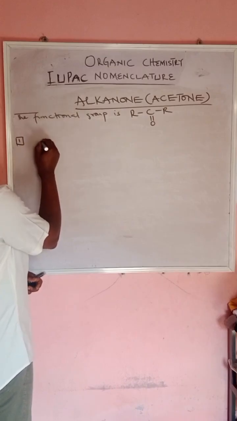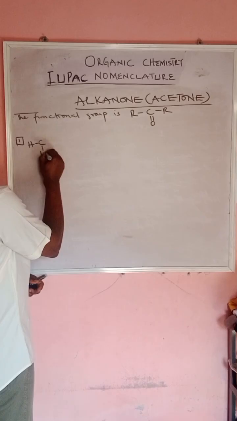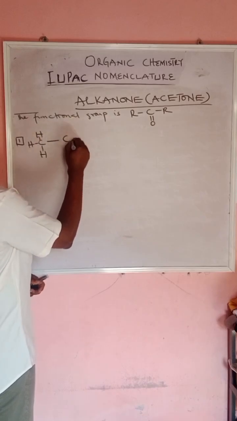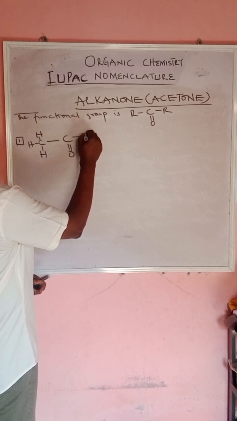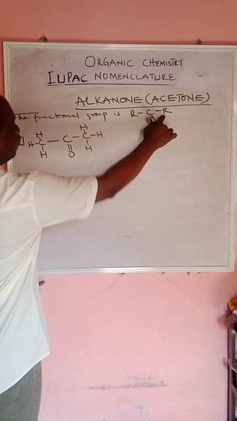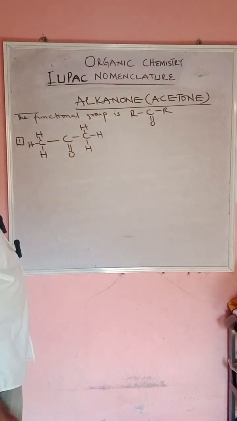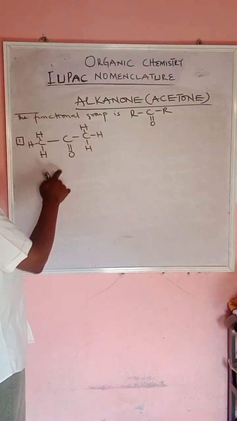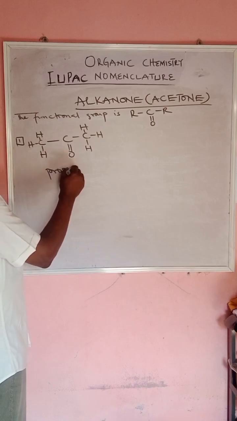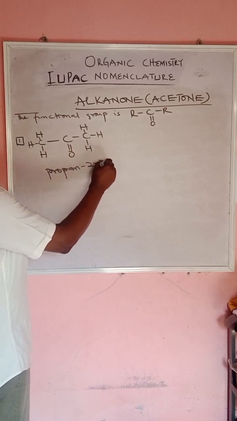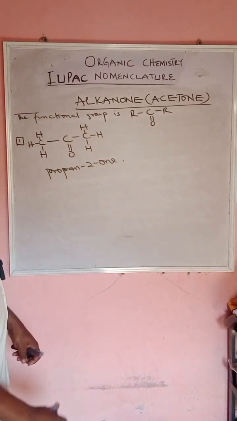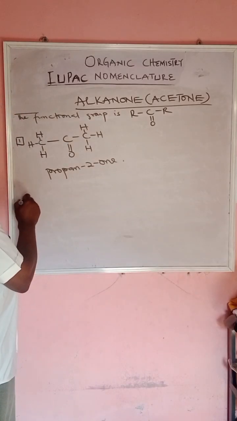R, I can put methyl here. Let's put methyl there, carbon, double bond O. Another, I can put another methyl here, where R stands for alkyl group. So methyl, like this is 1, 2, 3. The ketone is on carbon 2, so this is propan-2-one, or propanone.